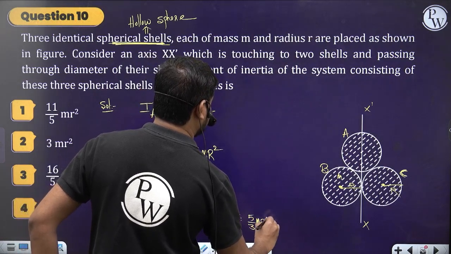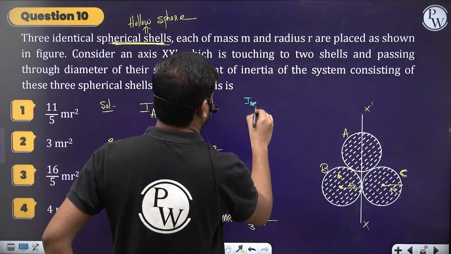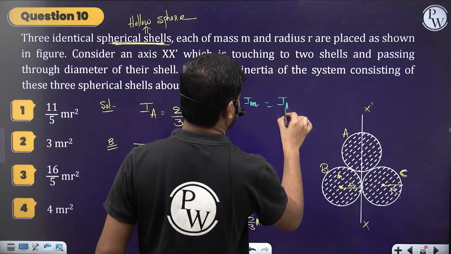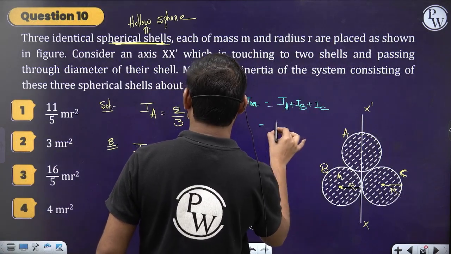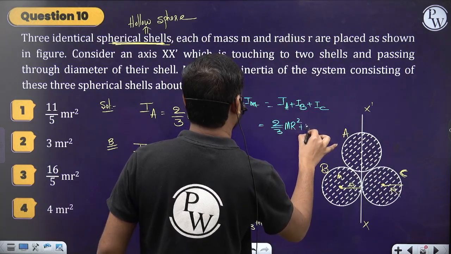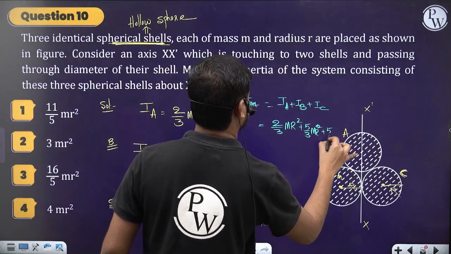Right? So then what will the net moment of inertia be? The I net, the total moment of inertia due to A plus B plus C, is nothing but 2 by 3 mr square plus 5 by 3 mr square plus 5 by 3 mr square.